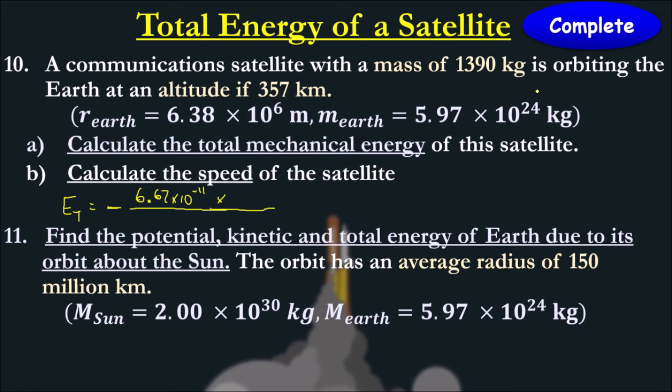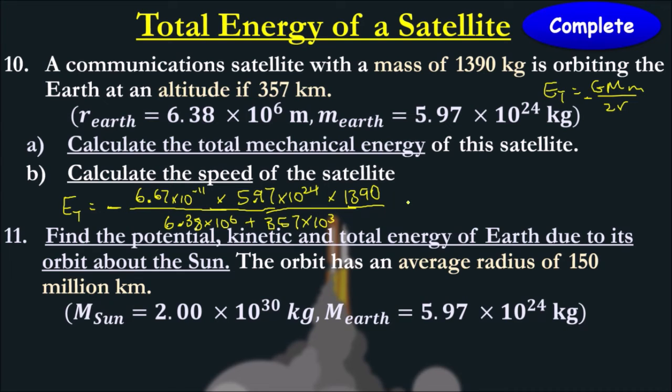Well, actually, the formula for total energy is negative GMm over 2r. So we just substitute that value in. And that gives us a total energy value of about negative 4.11 times 10 to the power of 11 joules.